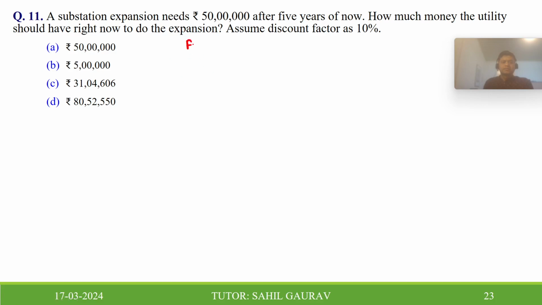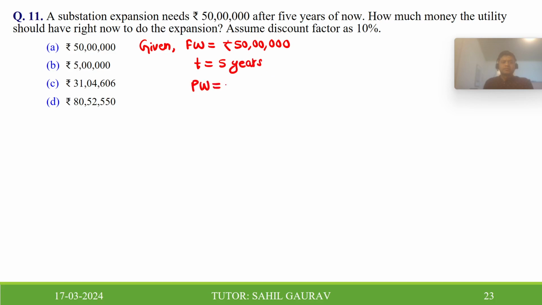So in this problem, the future worth is 50 lakh and T is 5 years.